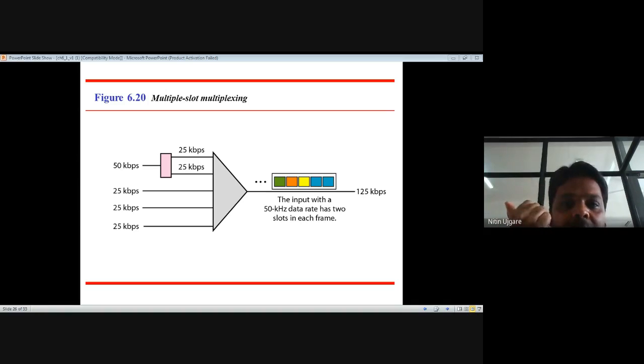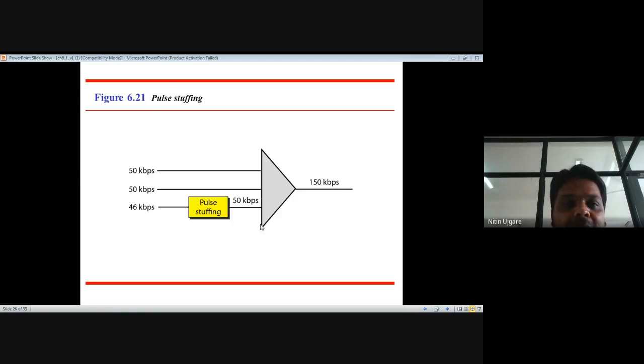So in this figure, the input line with the 50 kilobits per second data rate can be given 2 slots in the output. So we insert a serial to parallel converter in the line to make 2 inputs out of 1. So that's how we can achieve the multiple slot or multiple level time allocation.